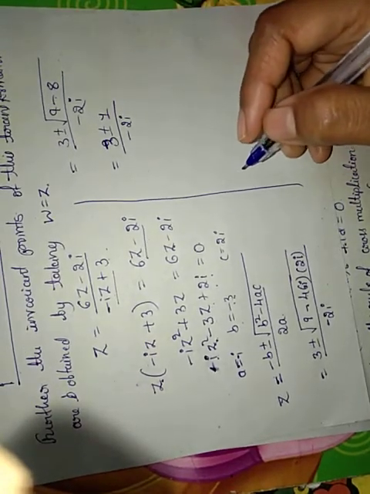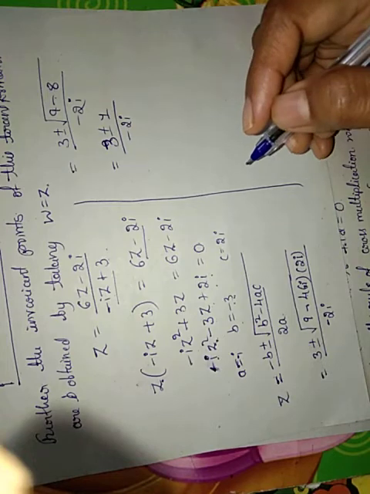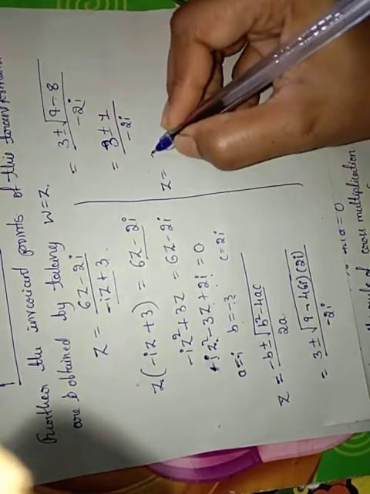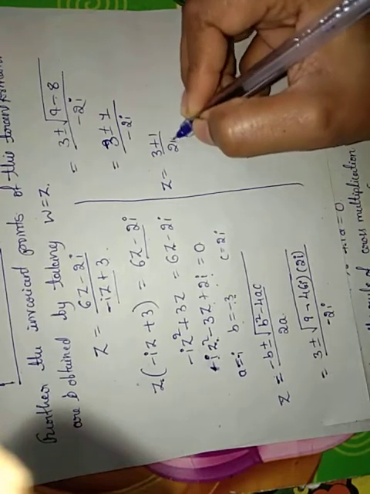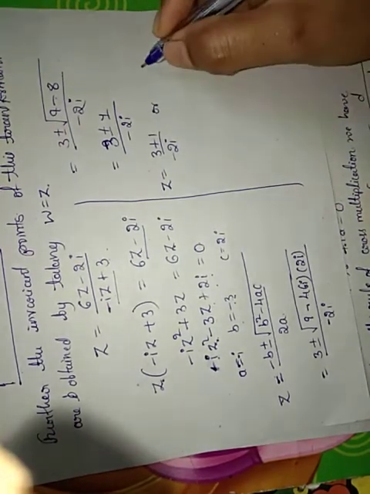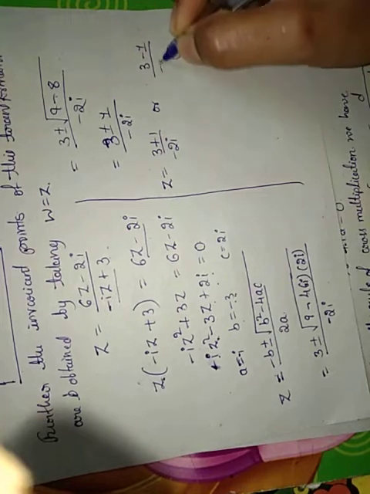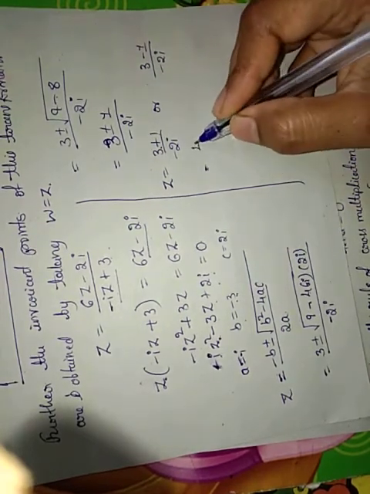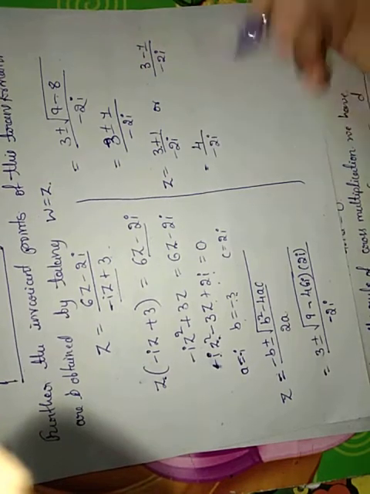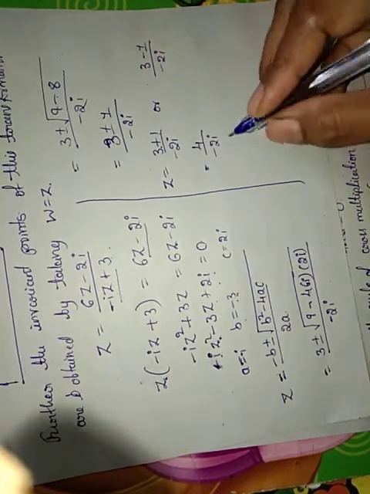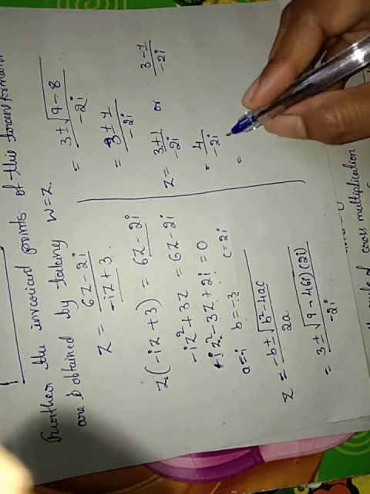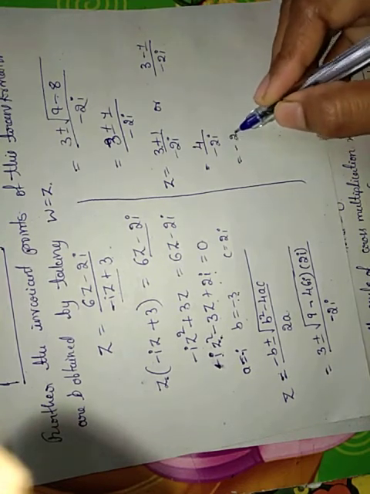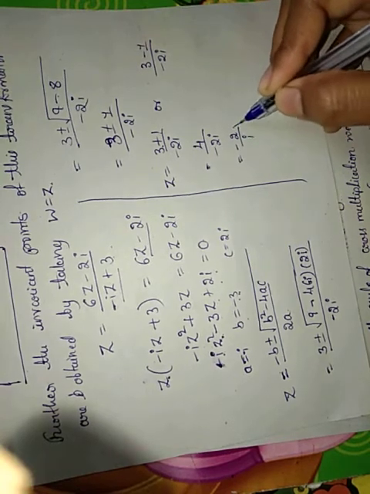If it is a plus, z equal to 3 plus 1 divided by minus 2i, or 3 minus 1 divided by minus 2i. If it is plus 1, 4 divided by minus 2i, that is equal to minus 2 divided by i.